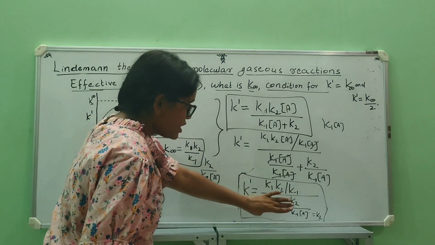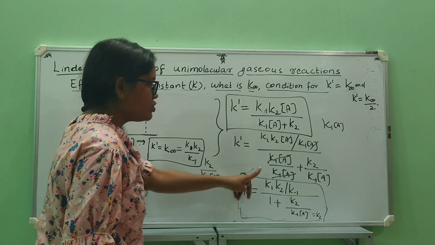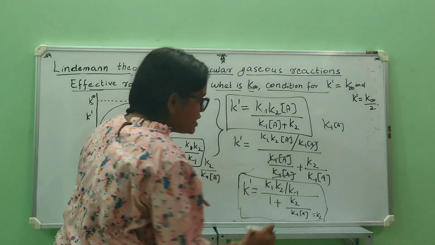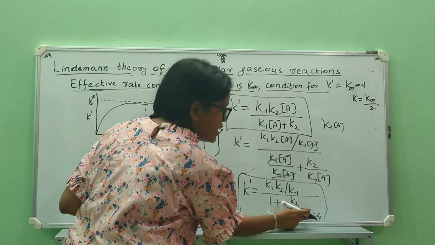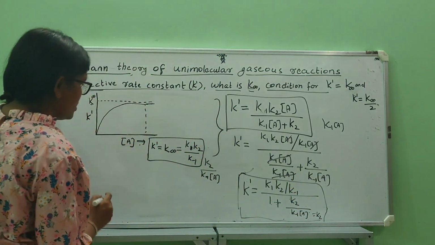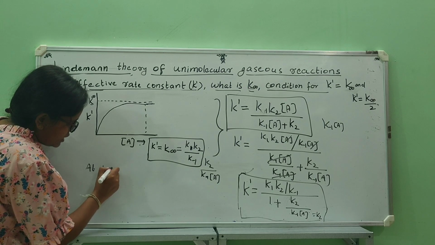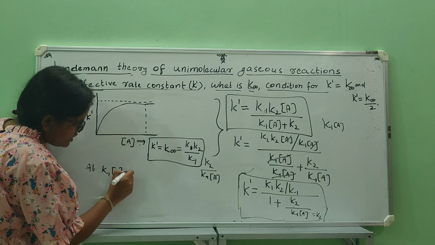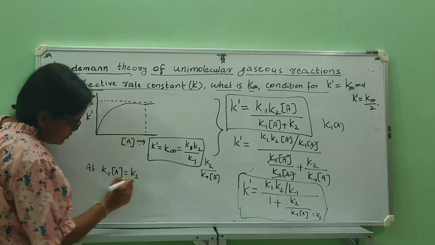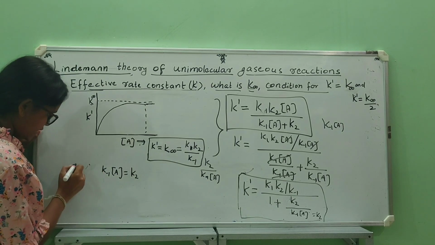So the condition for K dash to become K infinity by 2 is that K minus 1 into A should be equal to K2. Okay, I can write it this way.